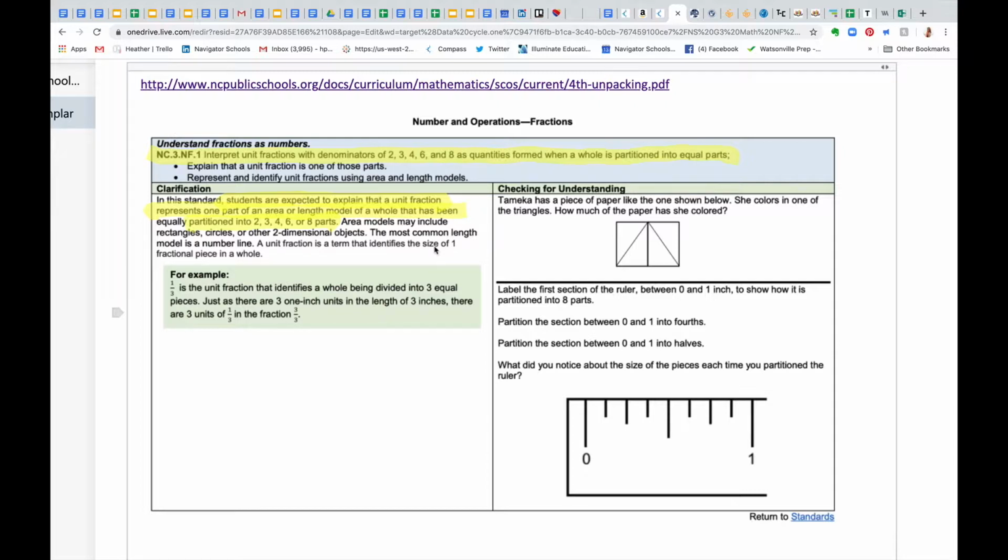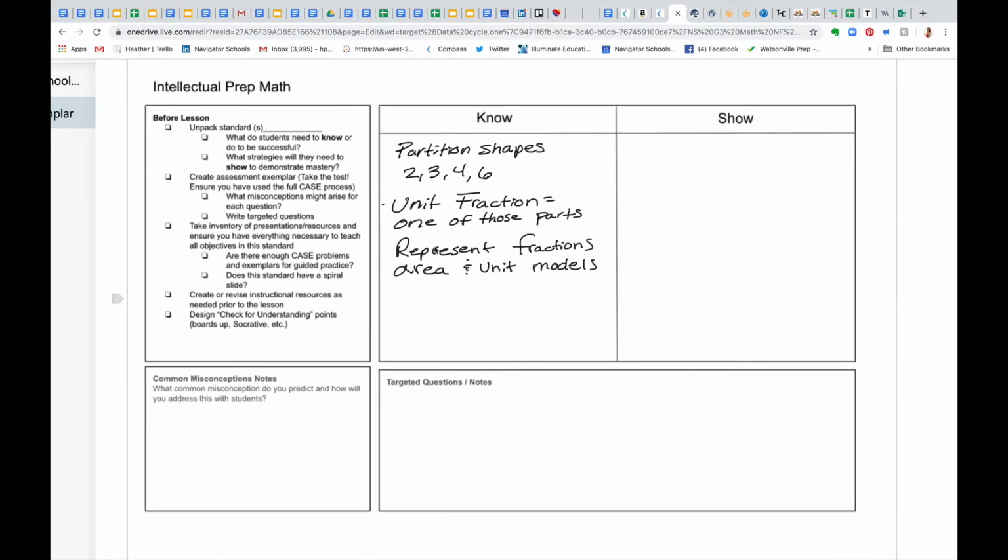Area models may include rectangles, circles, or other two-dimensional shapes. So I want to make sure that in my show portion over here, students are going to have to represent an area model using either a circle, a rectangle, a square, or a set of objects. So I want to make sure I represent a set here as well.